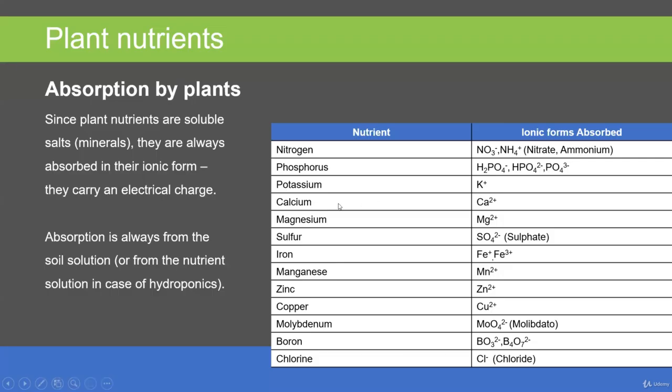Potassium is K plus, calcium is Ca 2 plus, magnesium is Mg 2 plus, sulfur as SO4, sulfate, iron as ferrous iron and ferric iron, manganese with a charge of 2, zinc, copper, as you see here in this table. Molybdenum is a molybdate, boron as a borate, and chlorine as chloride ion.